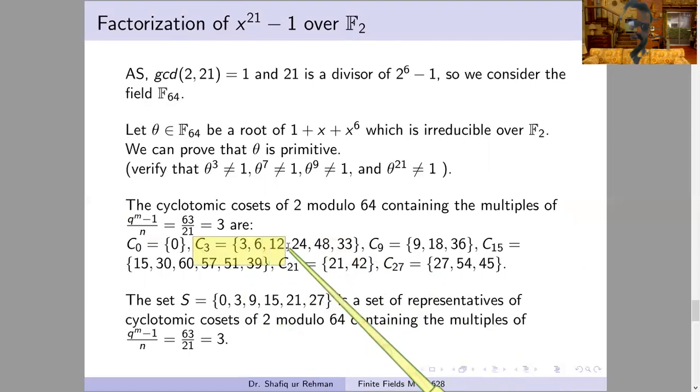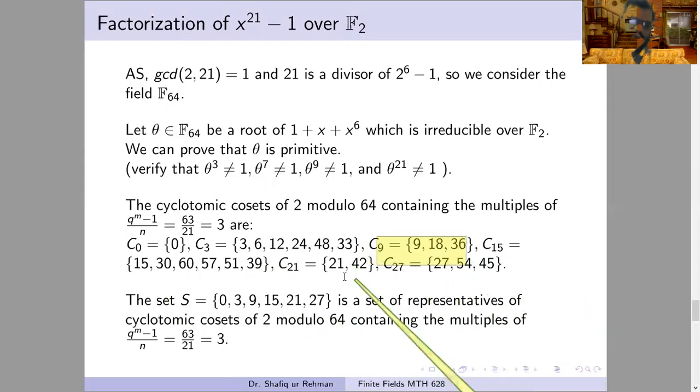C3, C6, C12, C24, C48, C33, these are all equal. Next, the distinct cyclotomic cosets containing multiples of 3 are C9, then C15 because C12 is already covered. C15 equals this, then C18 is already covered in this.